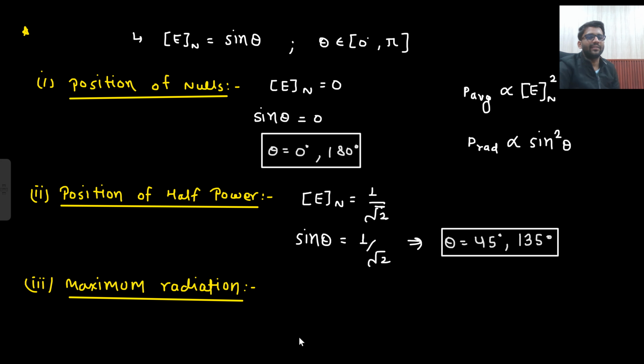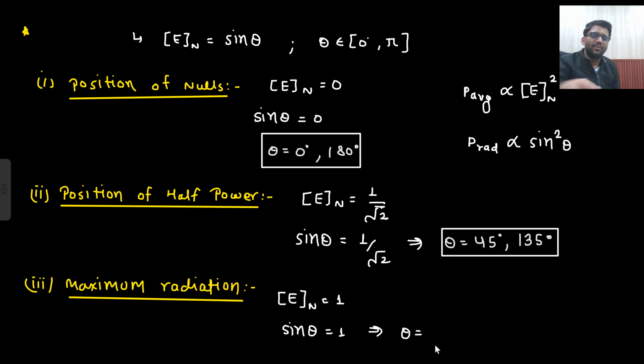And where will be the maximum radiation? At what value of theta will you get the maximum radiation? That means at what value of theta will you get the maximum value of a normalized electric field. So what is the maximum value? Sin theta should be equal to 1, or En should be equal to 1.